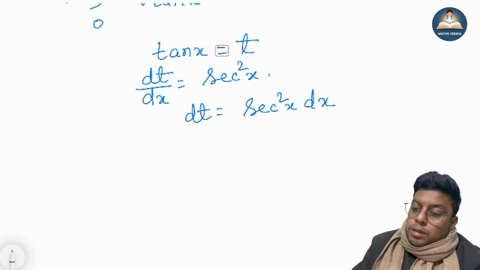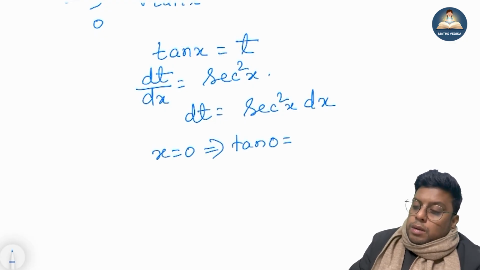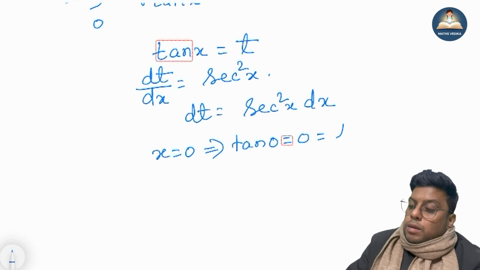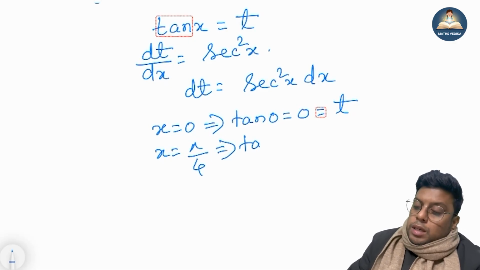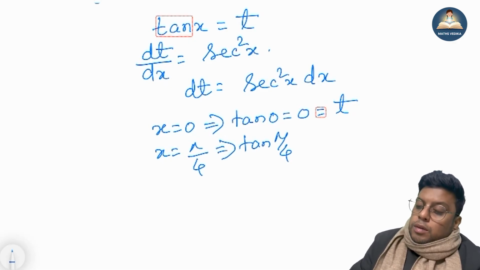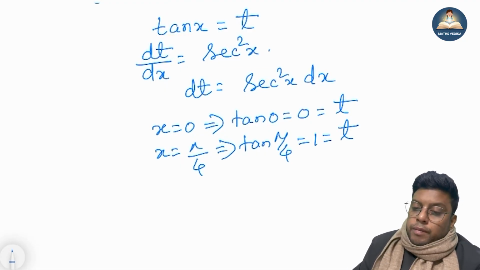When x is equal to 0, tan 0 is 0, which is the value of t. Now when x is equal to pi by 4, tan pi by 4 is equal to 1, which is the value of t.